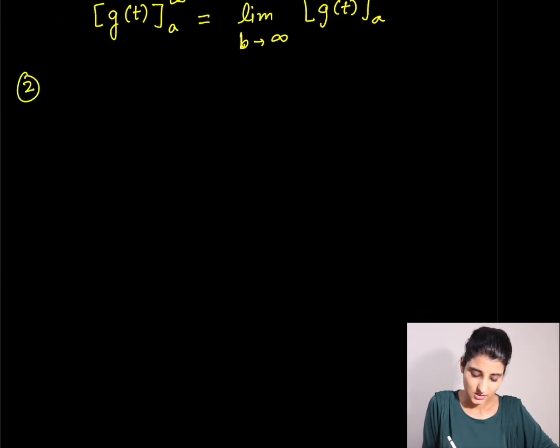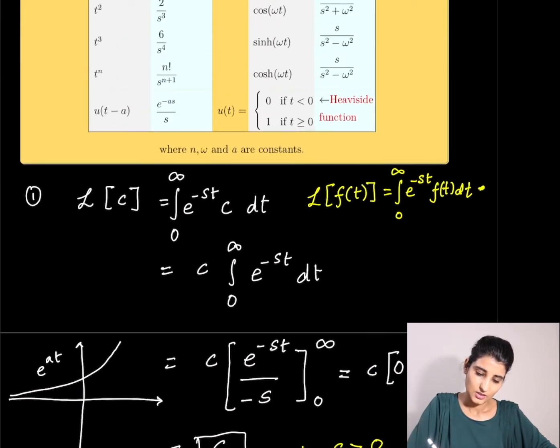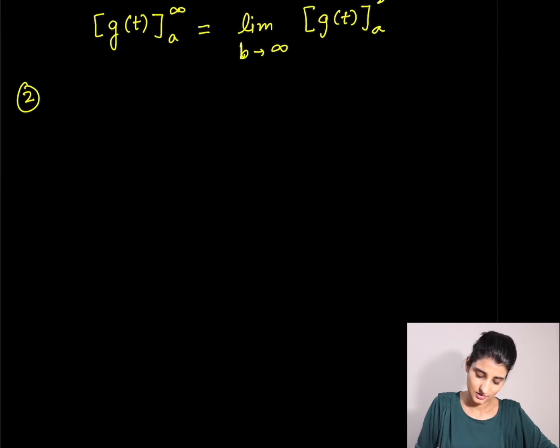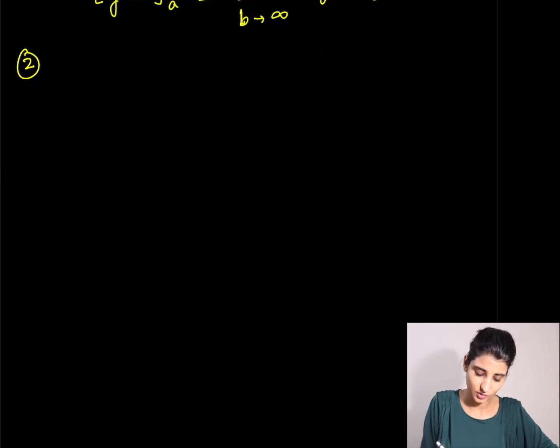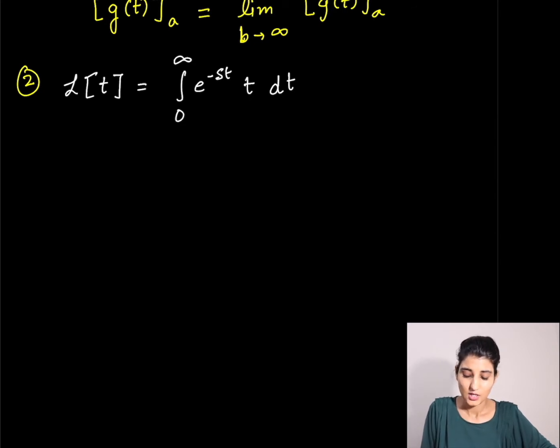So let's see the second one. Let's prove the Laplace transform of t. The formula is the integral from 0 to infinity of e^(-st) times t dt. Here we will need integration by parts.